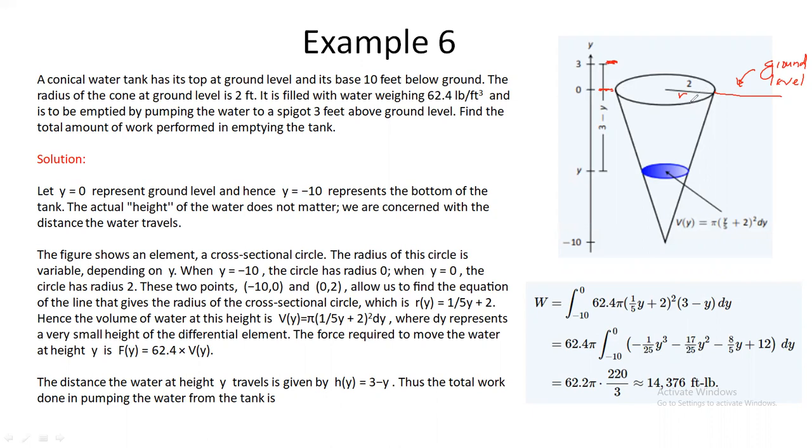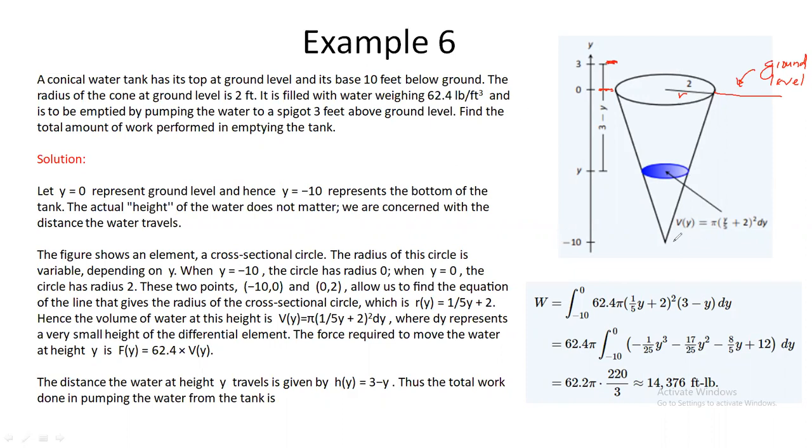In this case, class, it's not similar to the previous problem wherein the radius is fixed. This one is varying depending on the y. So later, we will make an equation relating this radius, let's say x, with respect to y, which is the displacement of this differential volume of water that we need to pump out of the tank.